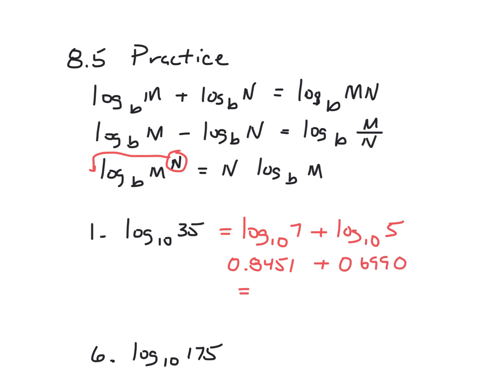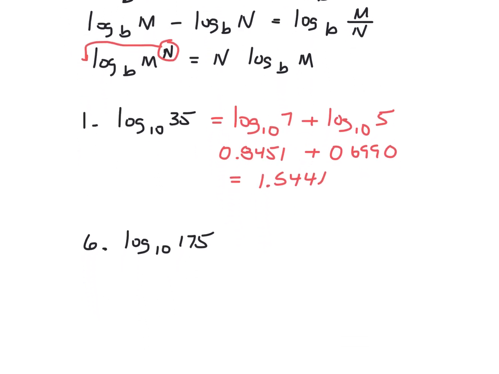Then we add those together: 0.8451 plus 0.6990 gives you 1.5441, an approximation of what log base 10 of 35 is.